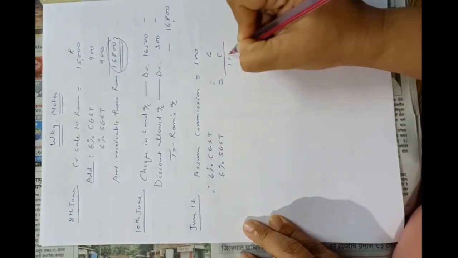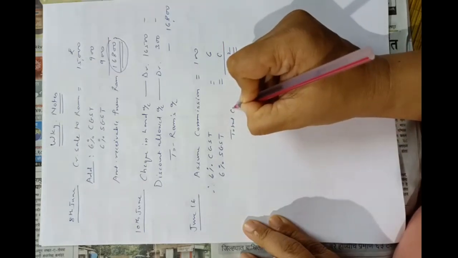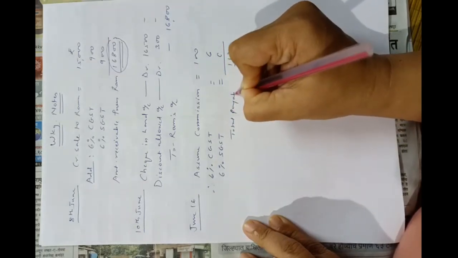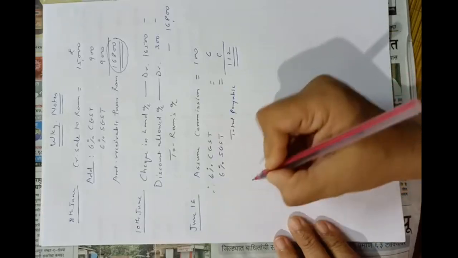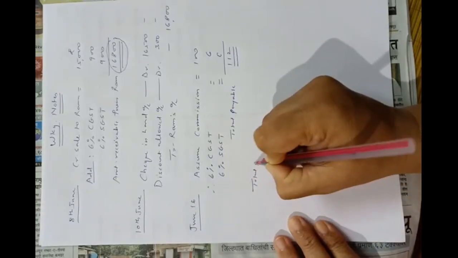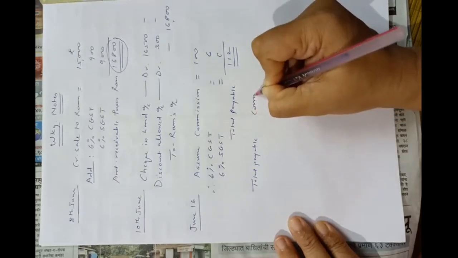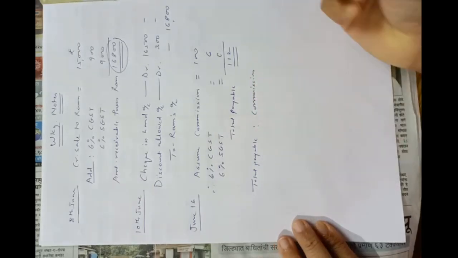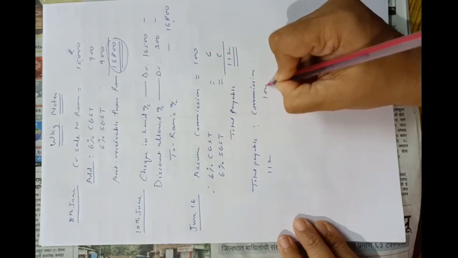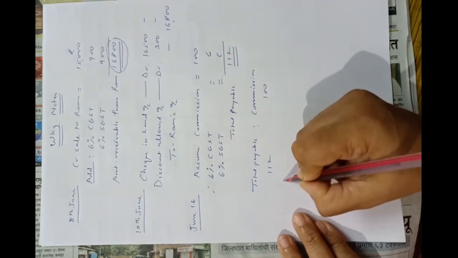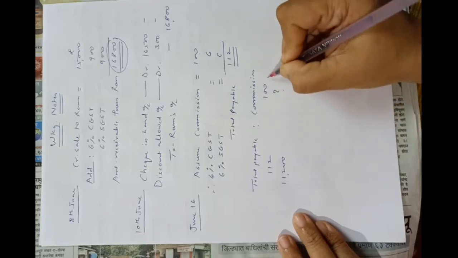So total payable amount will be rupees 112 in case of 100. Okay. So now we will calculate in this way, total payable and original commission. When total payable amount is 112, original commission is rupees 100, then here the payable commission is 11,200 including CGST and SGST. Then what is the original commission?